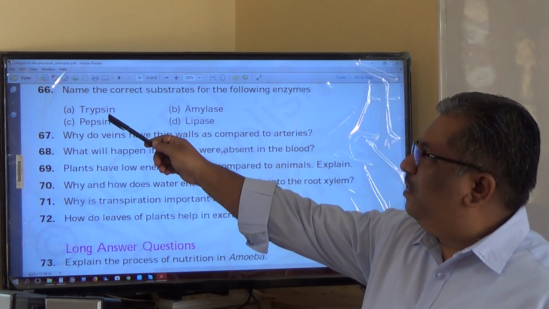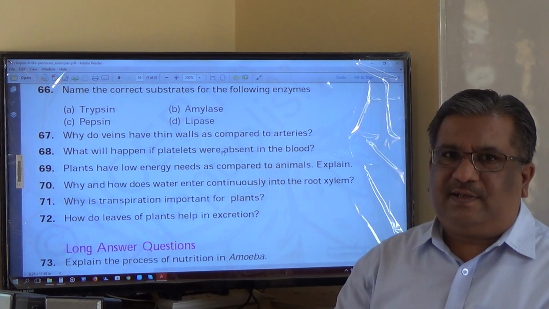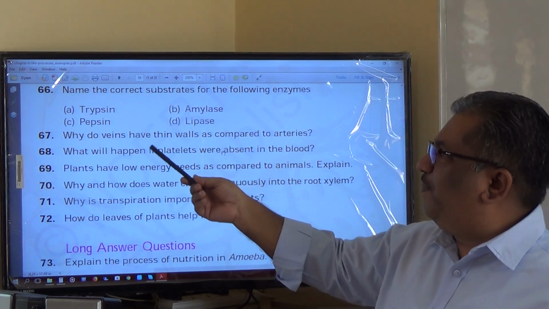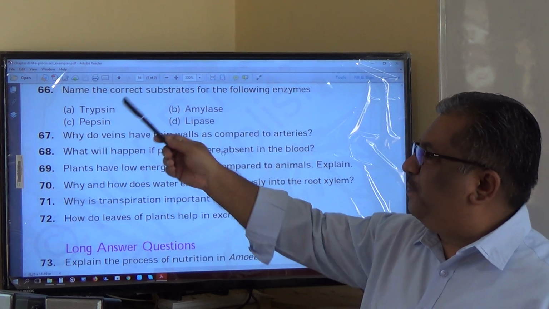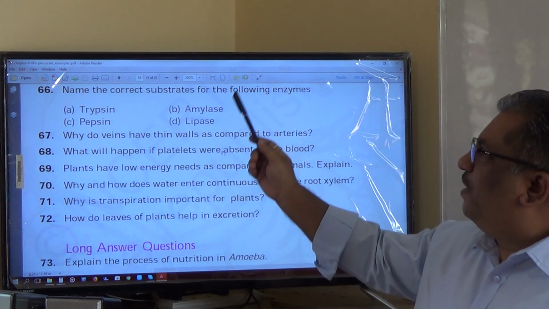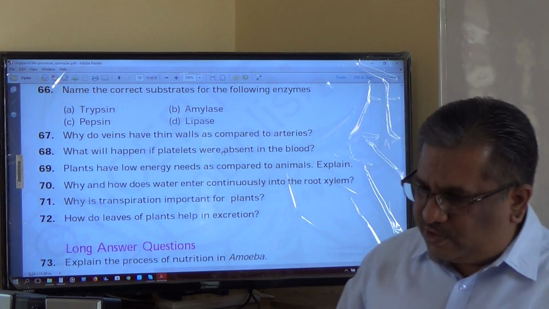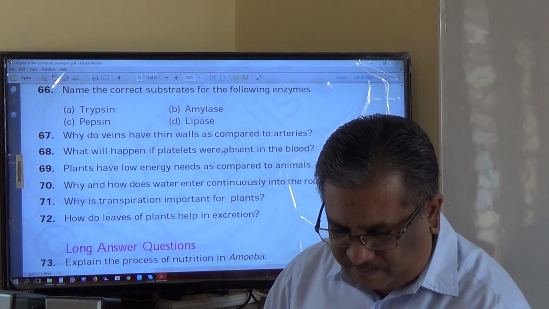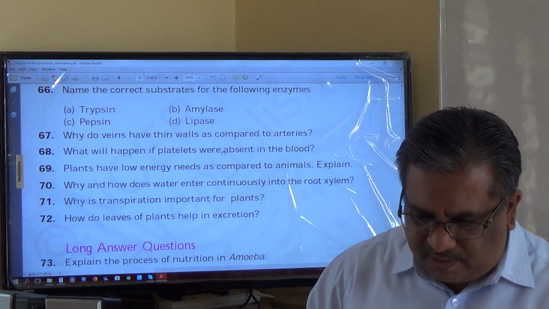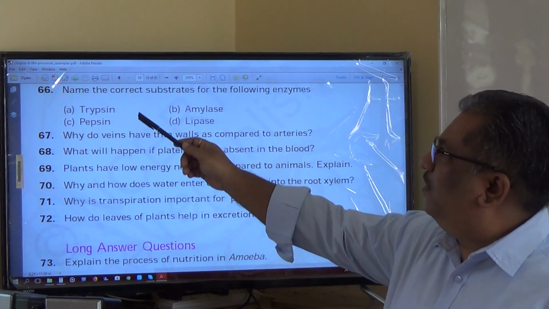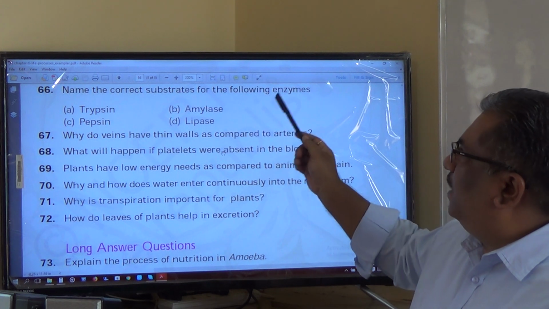So, trypsin acts on which reactant? What is the function of trypsin? Trypsin converts proteins to peptones. Question number 66: name the correct substrate for the following enzymes.